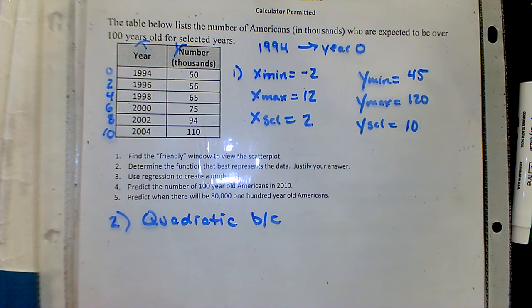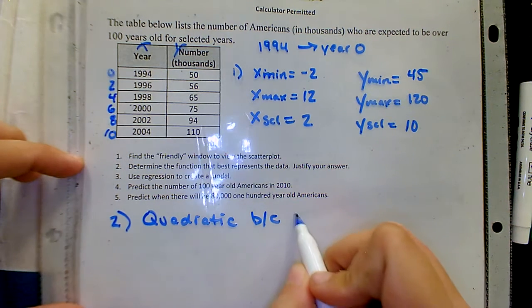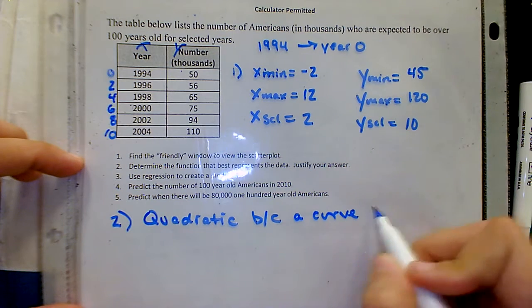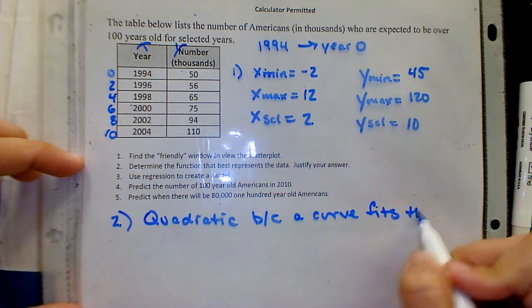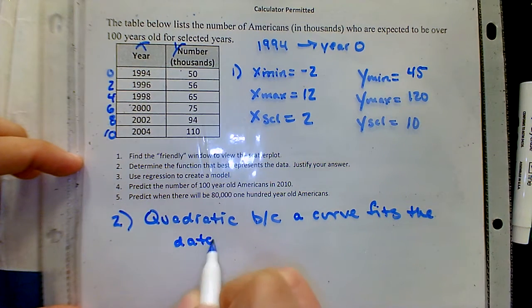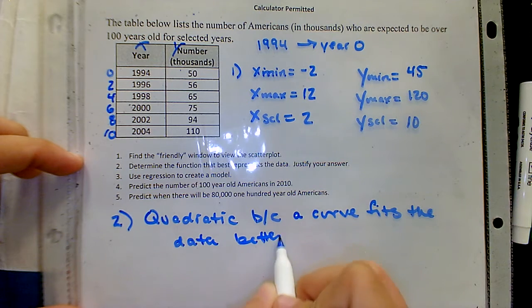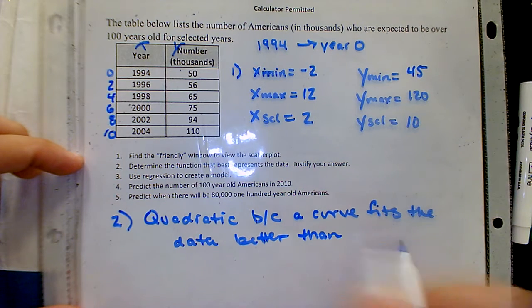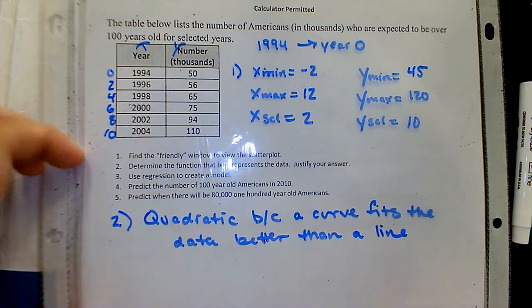Because a curve fits better than a line? Yeah, simple guys, simple. Okay, simple words. Quadratic because a curve fits the data better than a line.